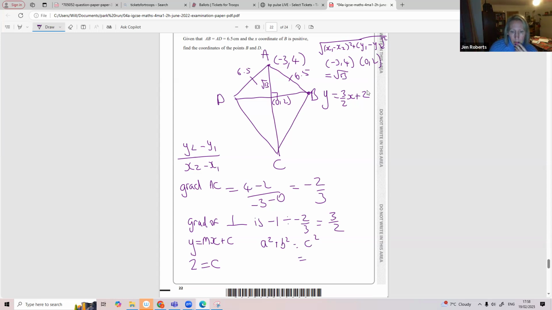C squared is 6.5 squared. Let me call this b. Root 13 squared is 13. Let's call this a. Well, I don't know this coordinate point here, but let's say it's x, y.